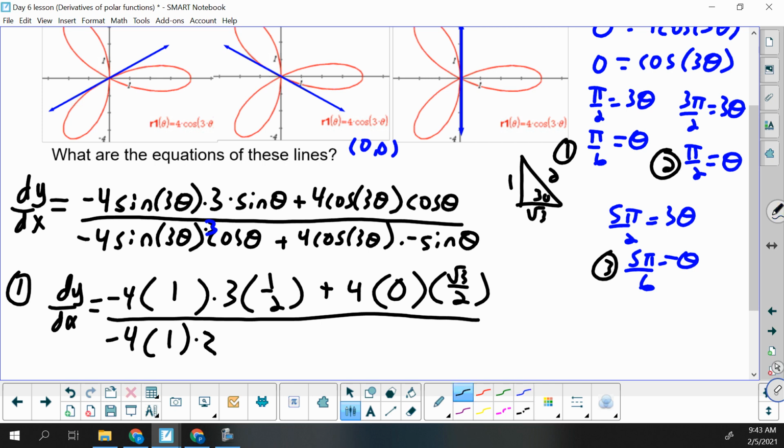So times the 3, and then the cos was square root of 3 over 2 at pi over 6 we saw, plus 4 cos 3 theta, we saw from above is just 0. And then negative sine of pi over 6 will be negative a half. Those ones go away.